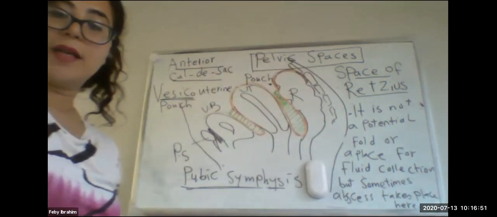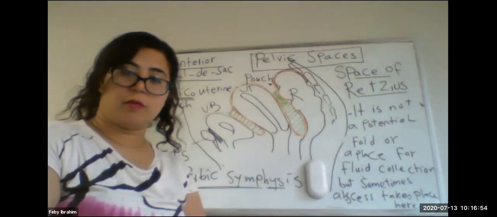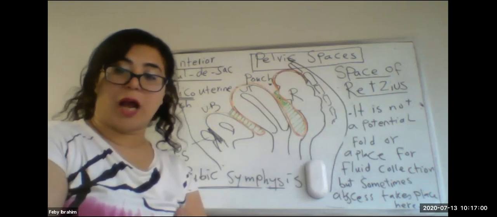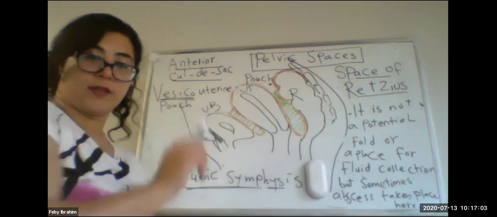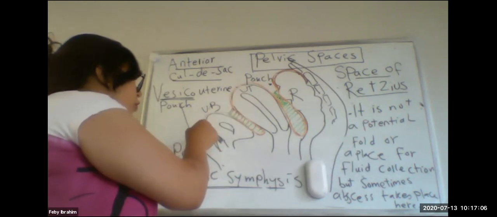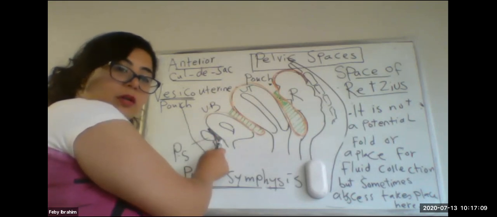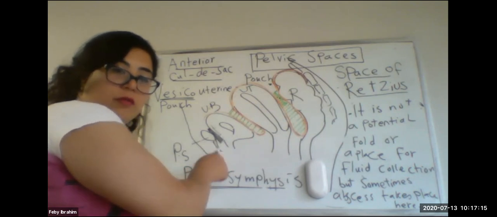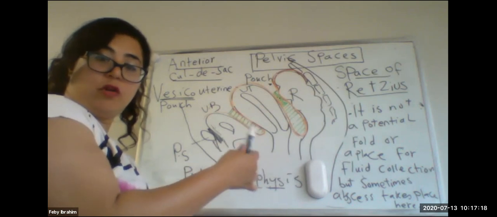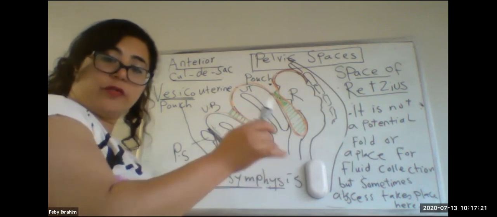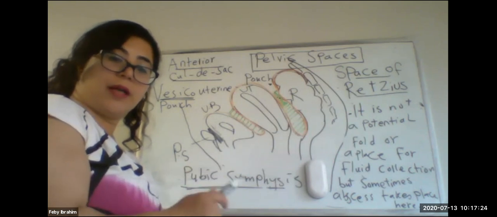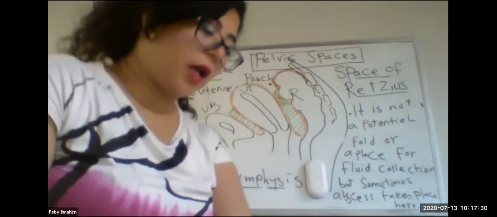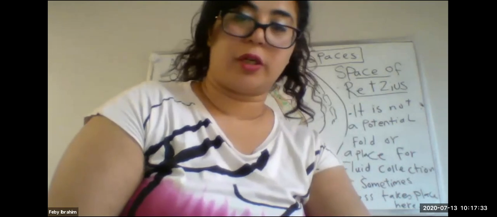So it's not a site for fluid accumulation, but instead abscess formation or abscess collection occurs in the space of Retzius. Look here, there is no fold of visceral peritoneum here on the anterior wall of the bladder. So it's not created by folds of peritoneum. The space of Retzius is between the urinary bladder and the pubic symphysis. This is the pelvic spaces. Next, we're going to have the uterine ligaments.